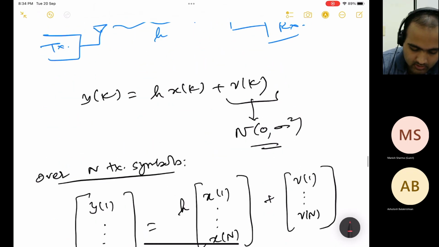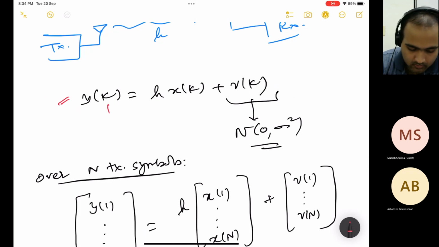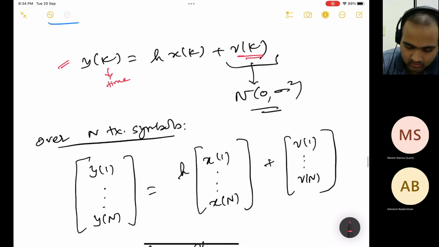So our signal model still remains: y at any time k is h times xk plus vk, where vk is our AWGN noise, which is Gaussian distributed.